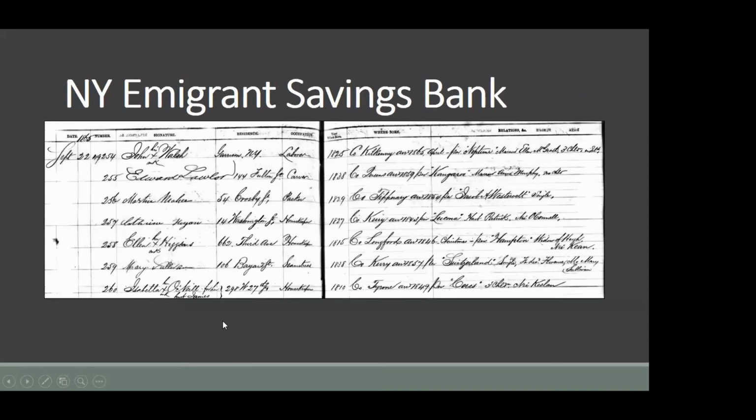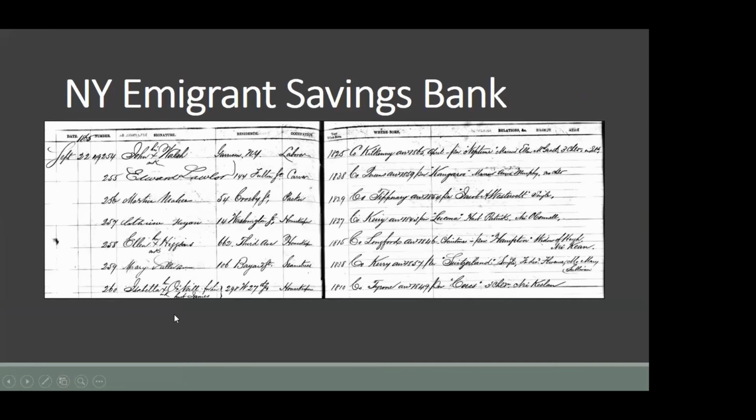Other supplemental records, such as the New York Immigration Savings Bank information, can be very beneficial. The Irish Immigrant Society formed the bank from 1850 to 1883 so that the New York Irish community would have a local establishment in which to save, in which they could earn interest.